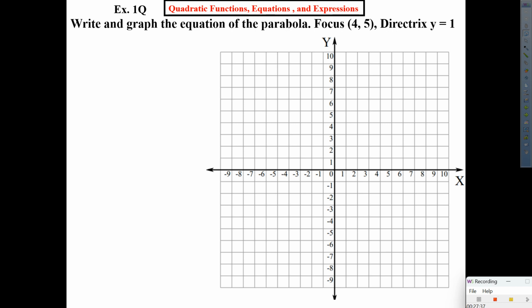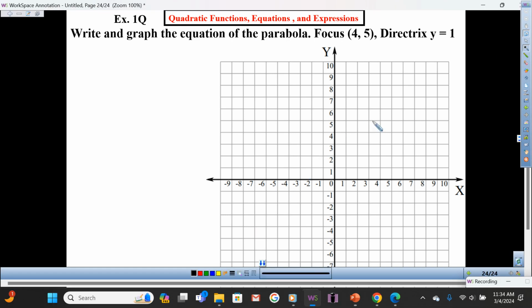All right. So, get us started. Vianney, what would you do first? X squared equals 4py, because she looked at the directrix being y equals 1. However, this only works if the focus has what, guys? 0.